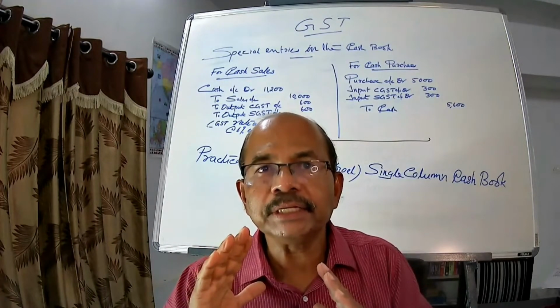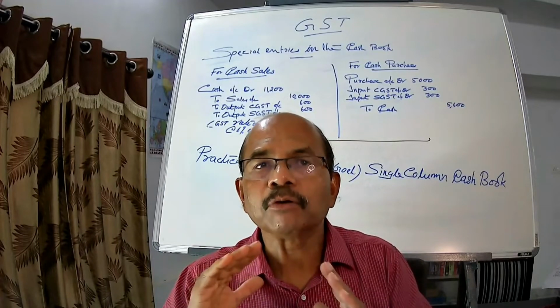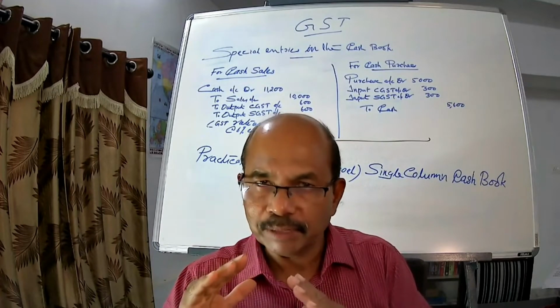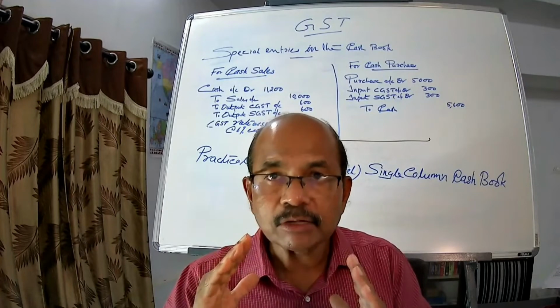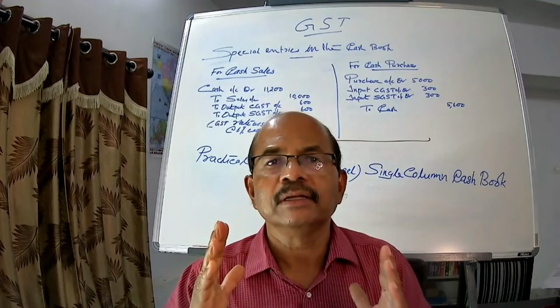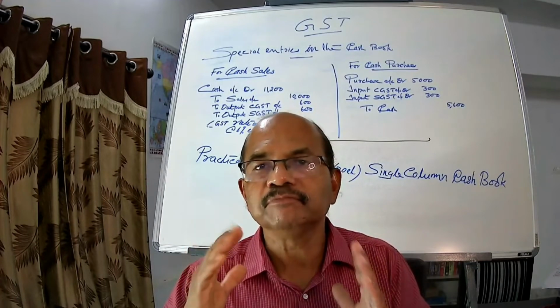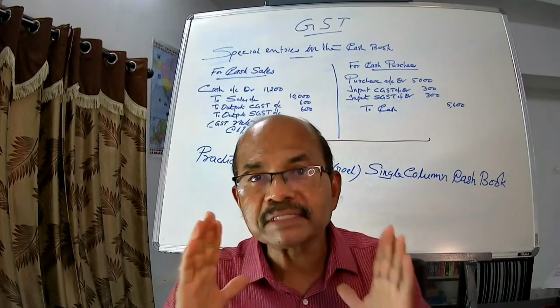I repeat, supported with the entries for GST also. In a similar way, cash purchases also have to be accounted. In fact, there is an exclusive chapter for you regarding accounting for GST, which we will encounter comprehensively later on.